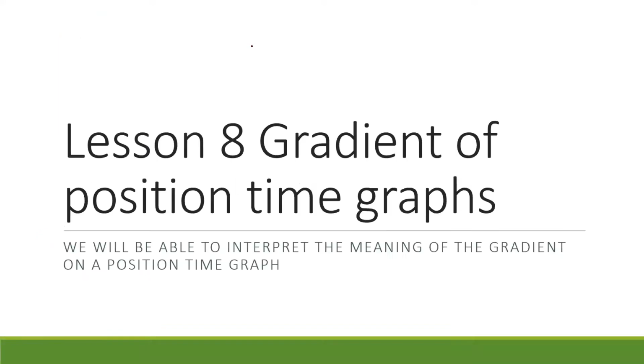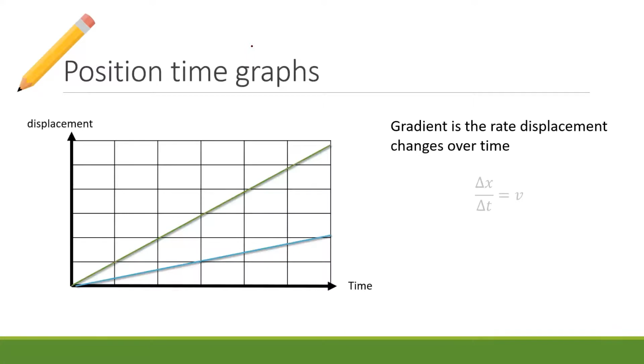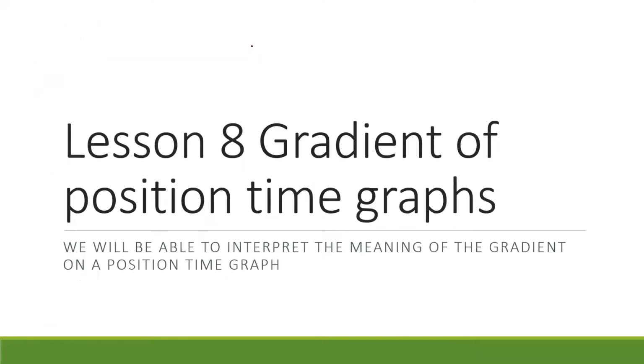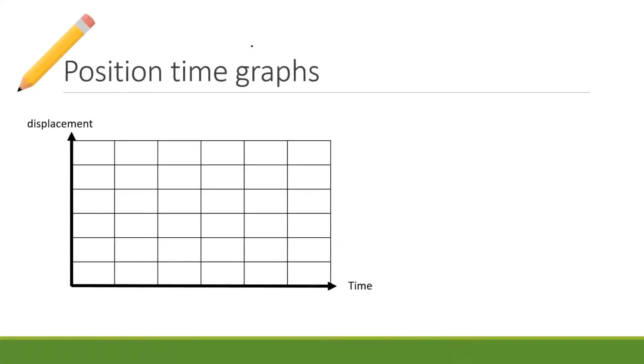Today, I've only got one slide, I believe, to go through. Let me just double check. Yeah, I've got 1.5 slides to go through, but the other one you don't have to copy down. What I would like you to do is draw a quick displacement time graph. I am literally not expecting this to be super accurate.